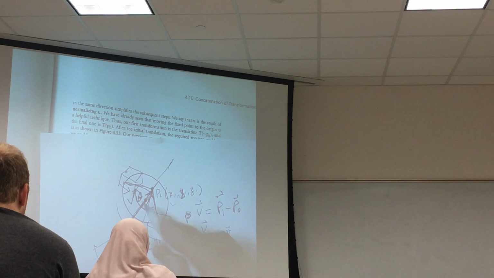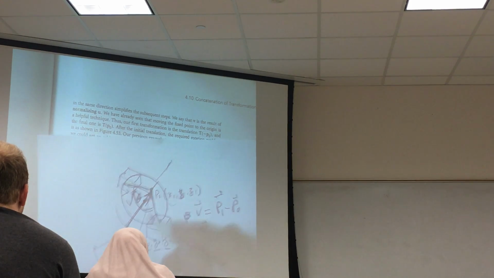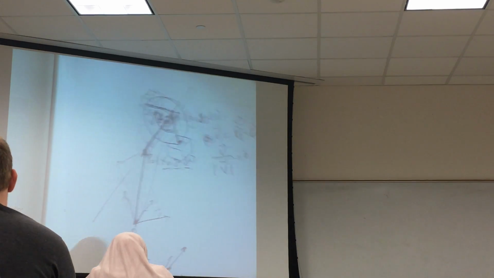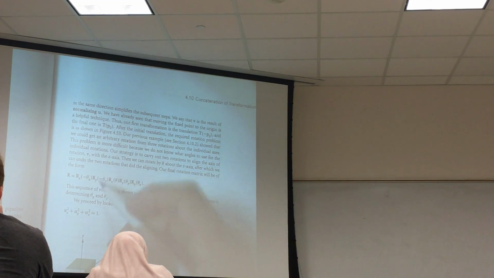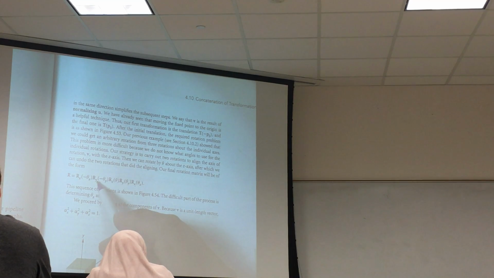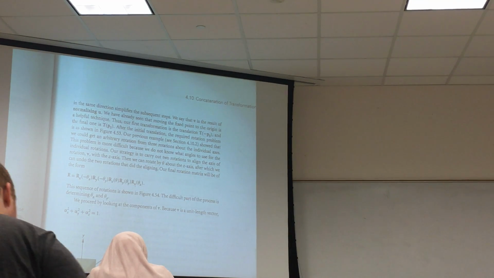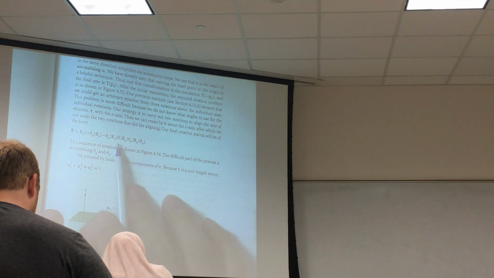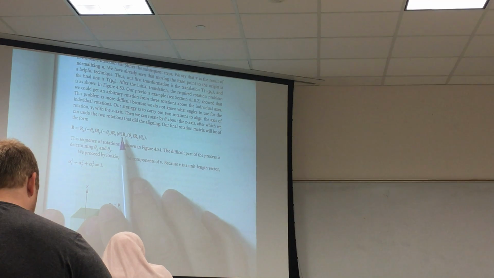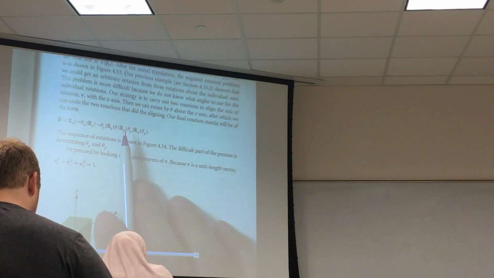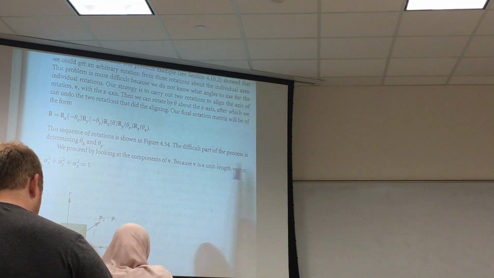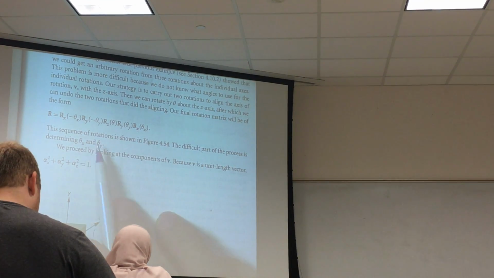Until then, I need to take this one down to one of the axes, and then I go back, reverse the process. Now, the question here is, I know the theta is given, but what is theta x? What is theta y? So here's how to determine these two unknowns.